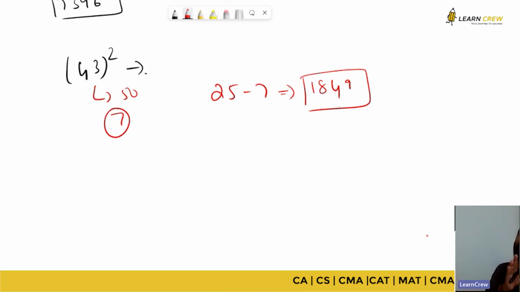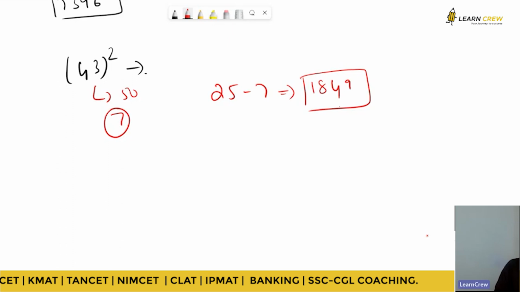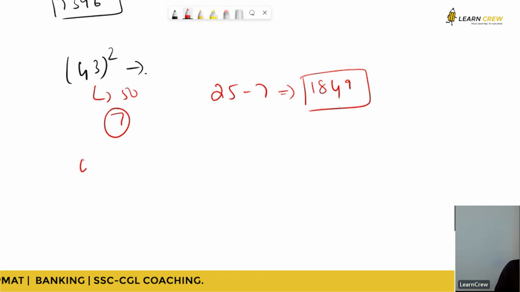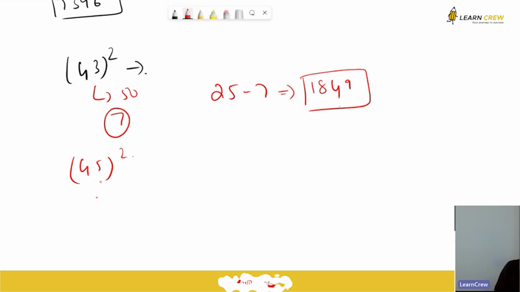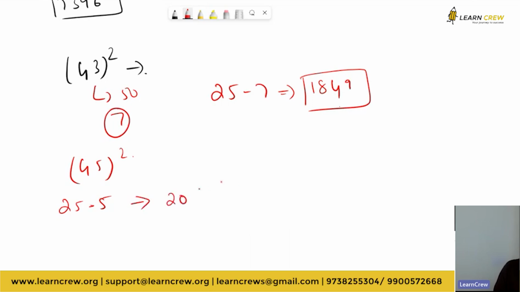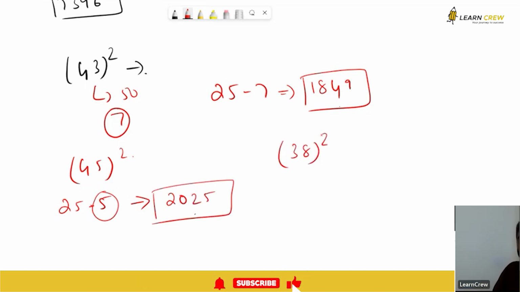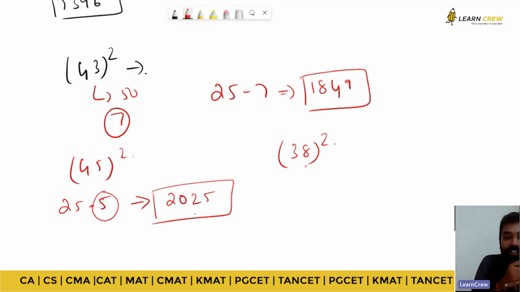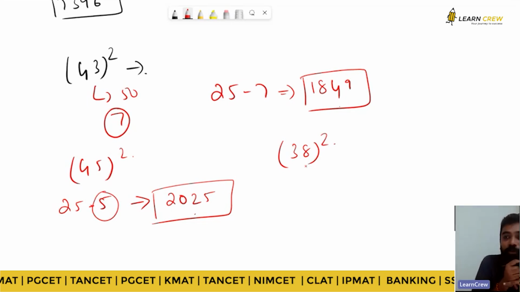I'll do, wait. What is 45 the whole square? How much is it lesser than 50? 5. So 25 minus 5 is 20. Write it. What's 5 square? 25. So 2025. What is 38 square? Sir, how do you get 25? Actually, the reason for getting 25 is you people know only till 25 square.